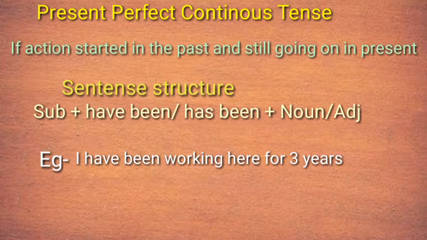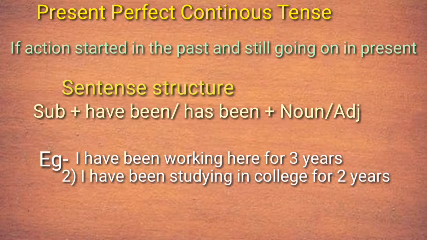Let's see one more example. I have been studying in college for 2 years. I took admission in the college 2 years back, and I'm still studying. I'm still a student. If someone asks you how long you have been studying in this college, I've been studying in this college for 2 years.